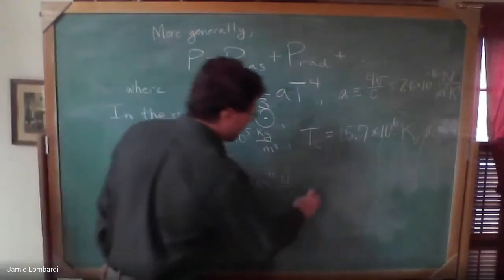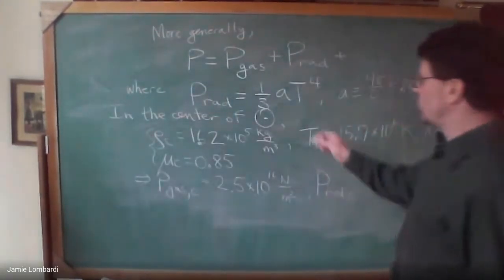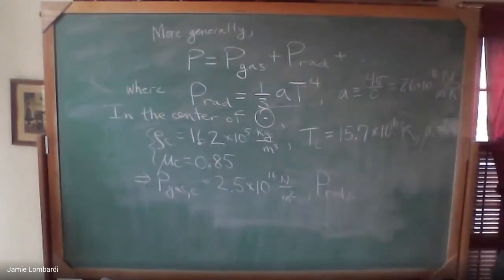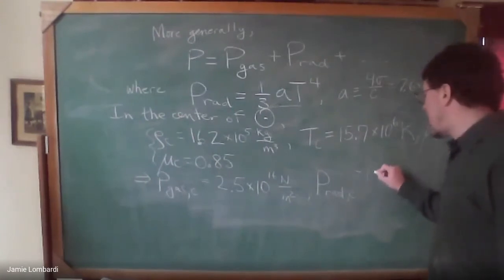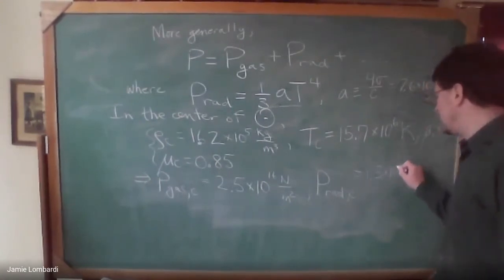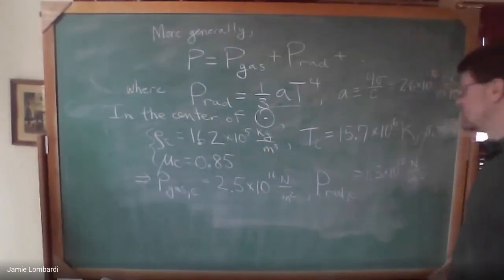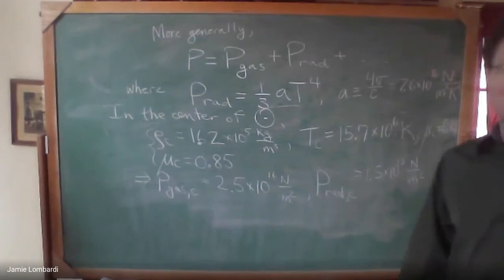If you calculate the radiation pressure in the center of the sun, that's just 1/3 A T to the 4th. So you just plug in. Doesn't matter what the density is. It only matters what the temperature is. And you get about 1.5 times 10 to the 13 newtons per meter squared. So the radiation pressure is more than 1,000 times less important than the ideal gas pressure here.